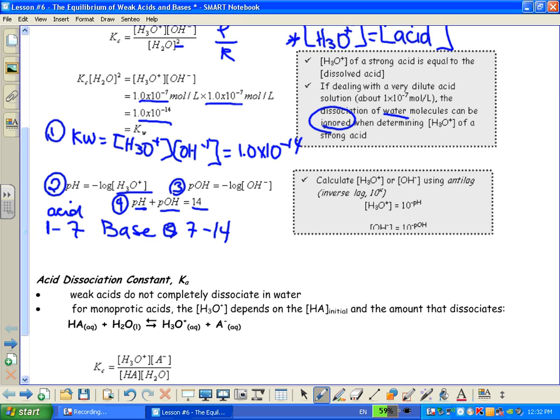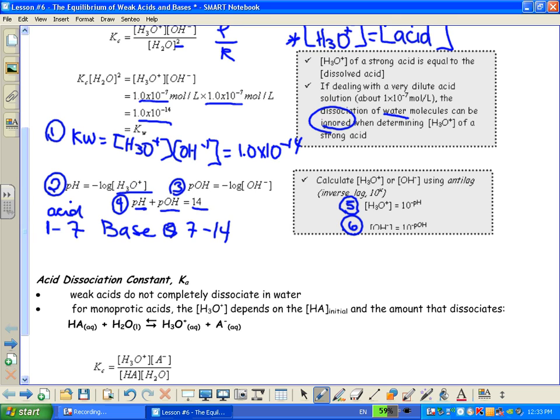The fifth and sixth equation that we're going to learn is in that box on the right-hand side. So maybe you want to do the reverse. Maybe you know the pH or the pOH, and you want to find the concentration of your hydronium ions or the concentration of your hydroxide ions. So in that case, we would use these equations over here. So we consider this equation number 5 and this equation number 6.